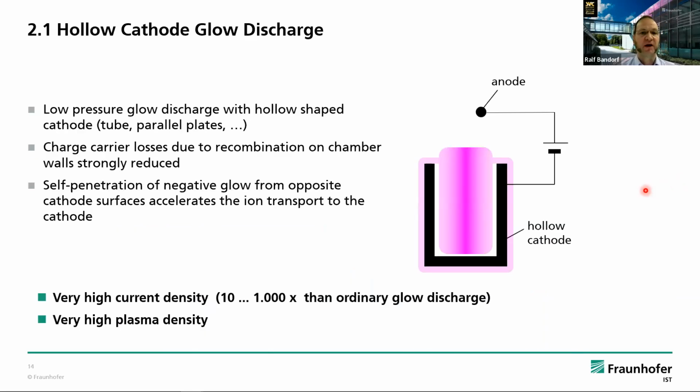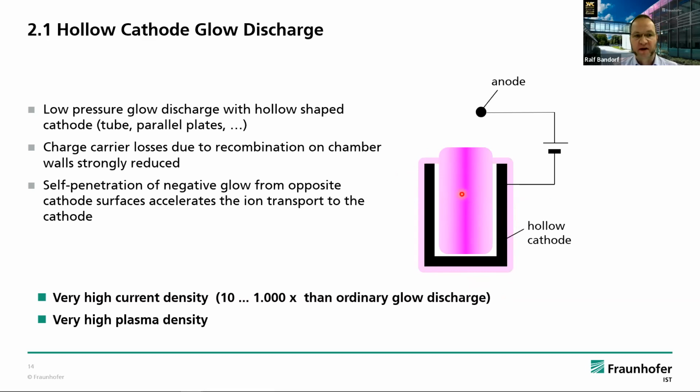So in general, we will have a low pressure glow discharge with a hollow shaped cathode. This can be like a cup, a hollow cathode, where I apply some voltage and ignite a glow discharge, and the electrons, of course, will be highly concentrated within the source.